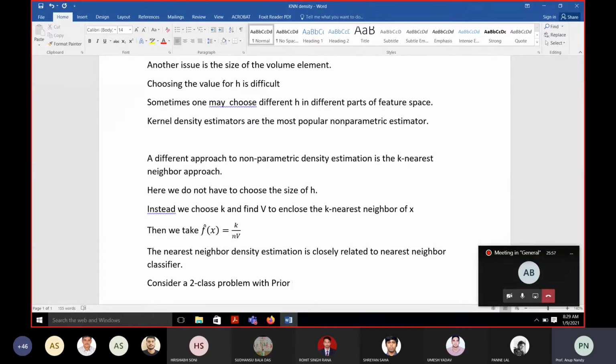Also here your main objective is to estimate k, how many points are in this hypersphere. The estimated density for k nearest neighbor is nothing but estimating how many sample points out of n belong to this hypersphere. So that is your job.